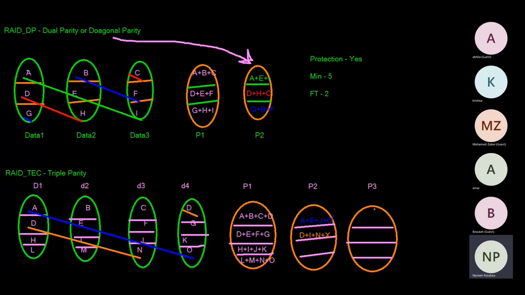Okay, what about parity 3? Parity 3 will be calculated reverse diagonally. Parity 3 will be calculated reverse diagonally. That means D, F, I, L, like this.